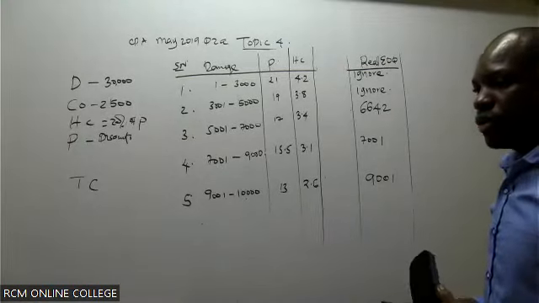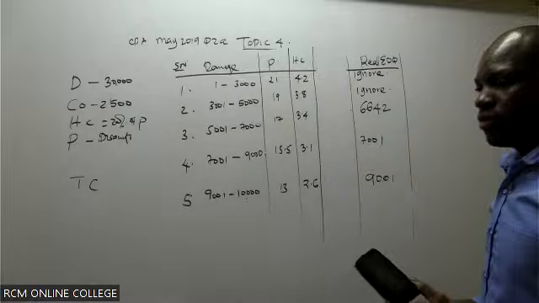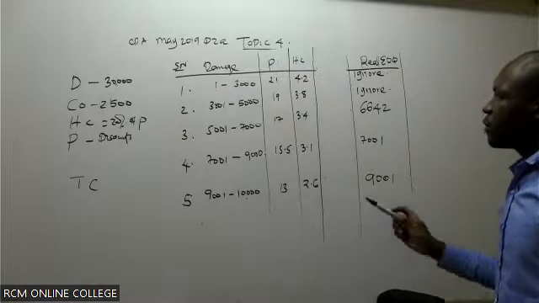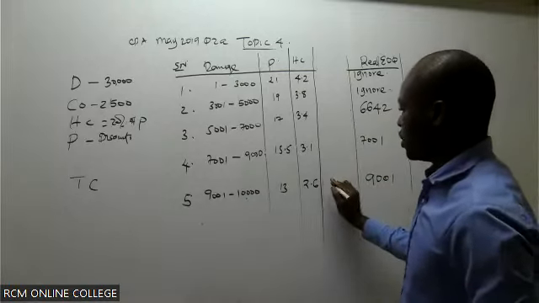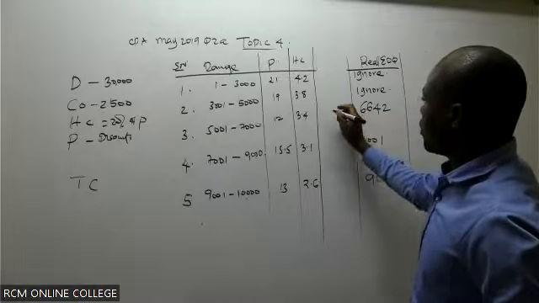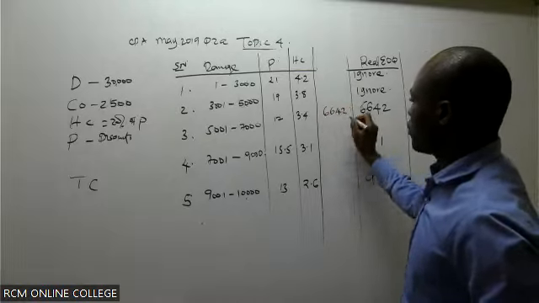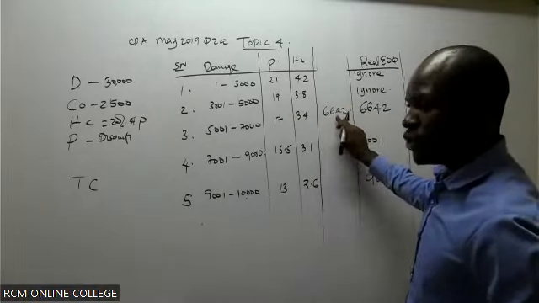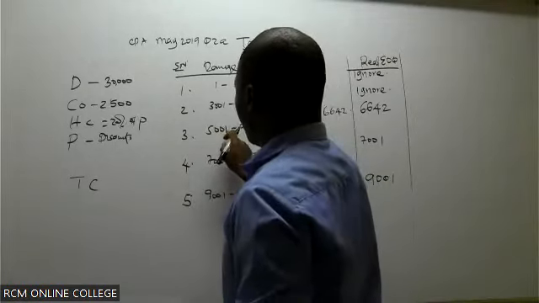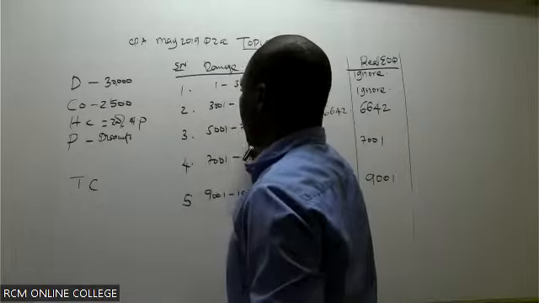Can you pick any amount between this one and this one in exam? In exam, yes. Let's say our calculated economic order quantity, which we did here, was 6642. Look here carefully. 6642 is within this range, between 5,001 and 7,000.